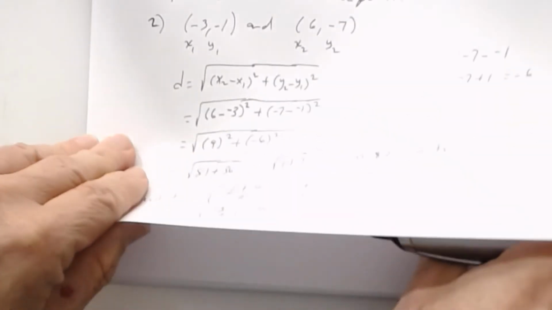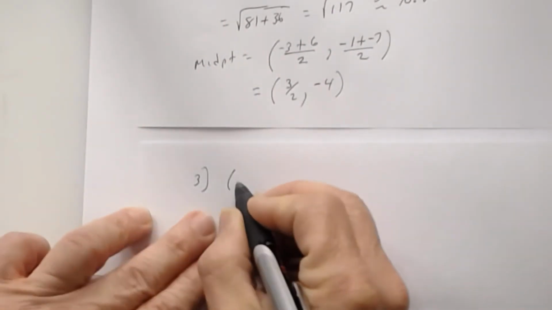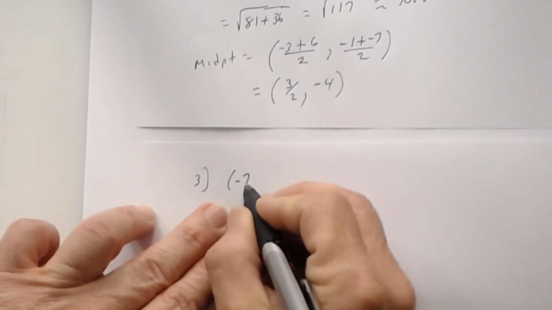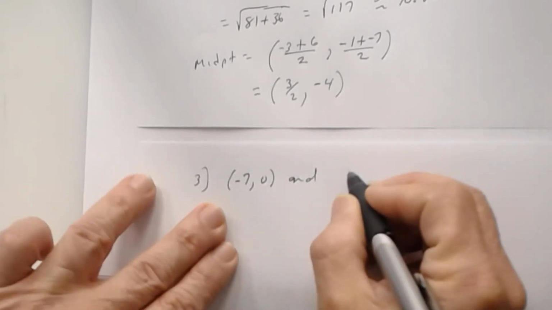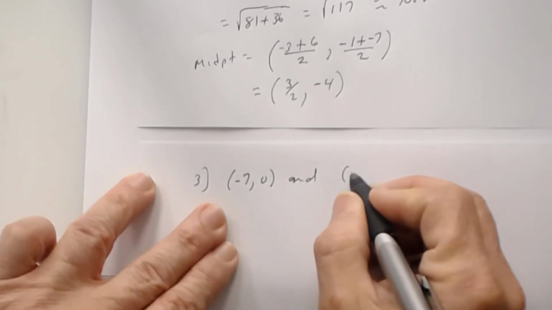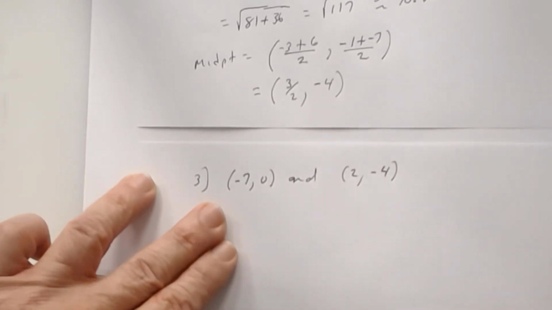All right, let's look at this. Suppose you had -7, comma, 0, and 2, -4.